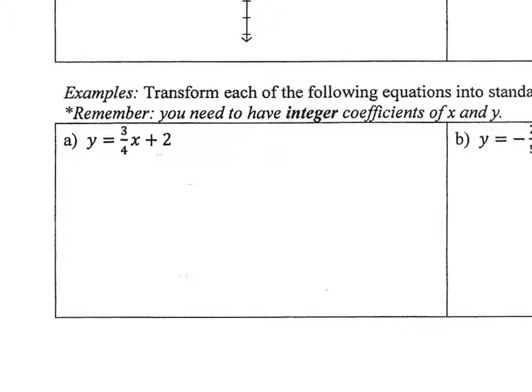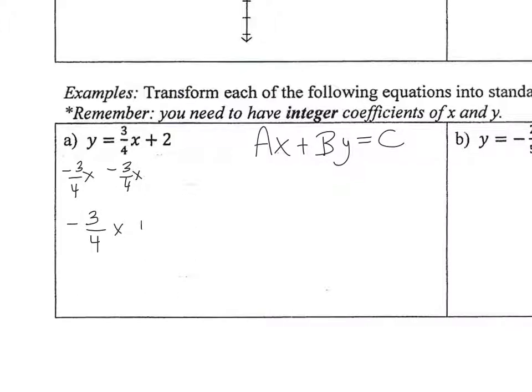So first, I'm going to get x over here. Now, sometimes in some textbooks, I see that the value of A has to be positive, and we're going to do that in Algebra 2, but in here I just want you to put x and y on the same side. So if I have x and y on the same side, it's negative 3/4 x plus y equals 2.